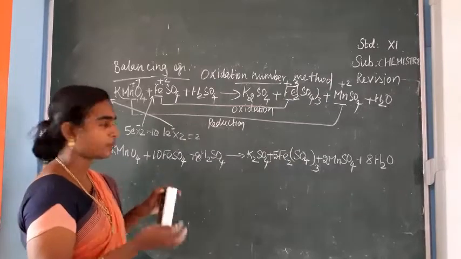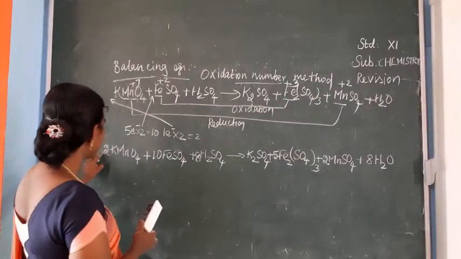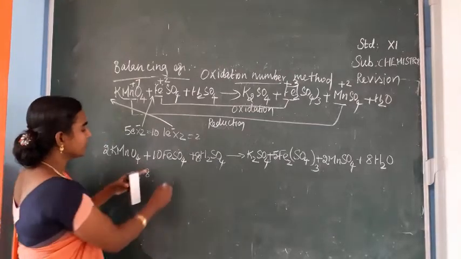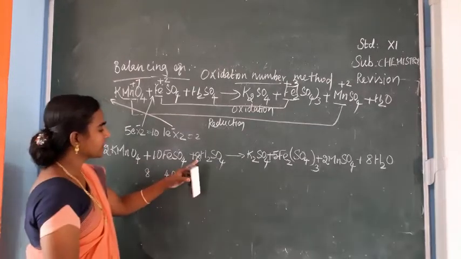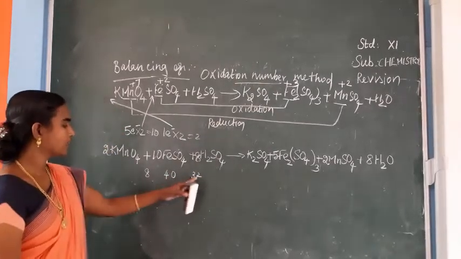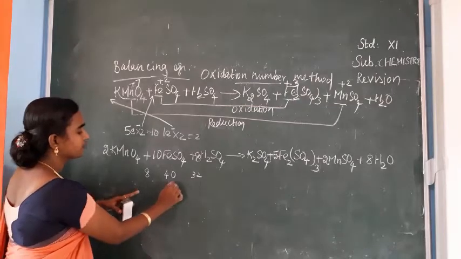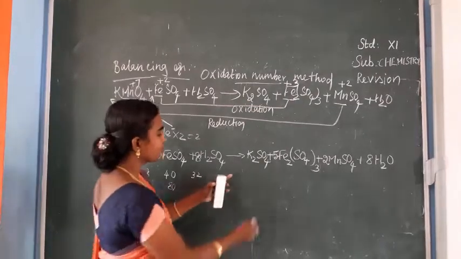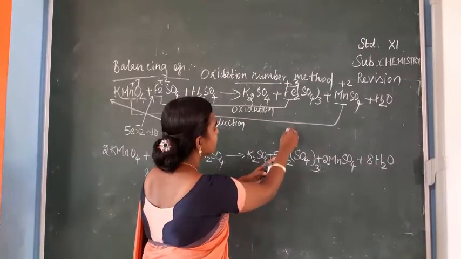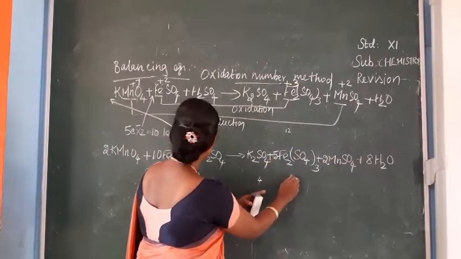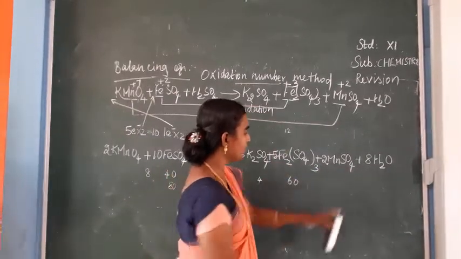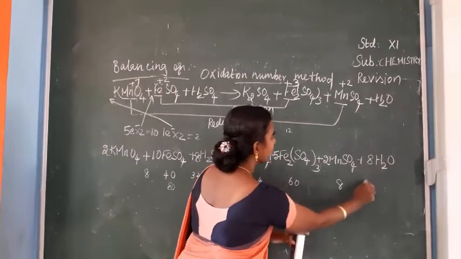Here 2 into 4, 8, here 40, here 32, totally 80. On the right hand side, here 60, 5 into 12, next here 2 into 4, 8, and here 8.